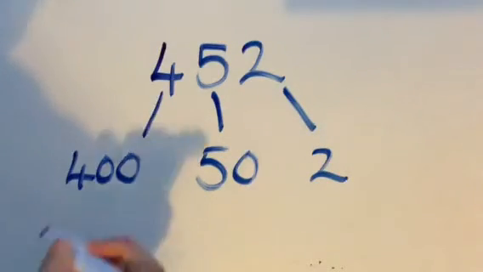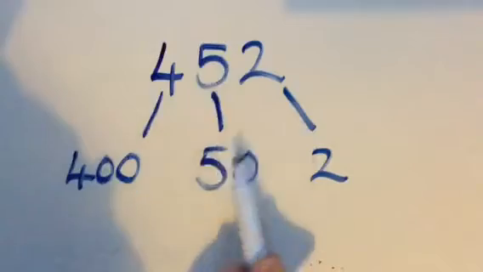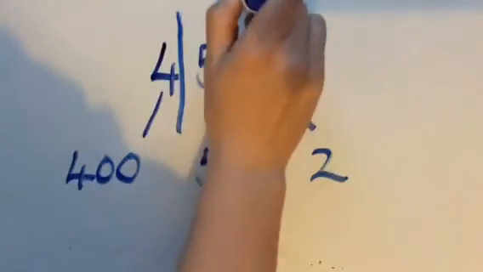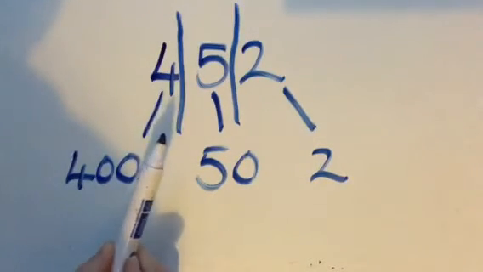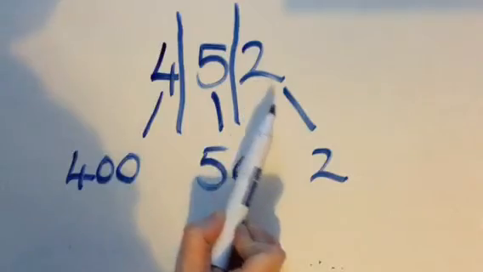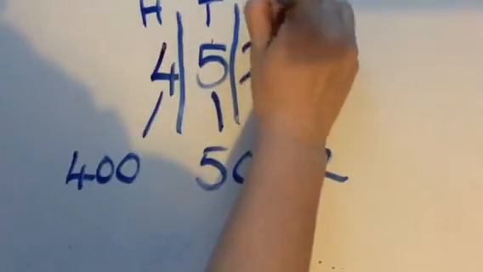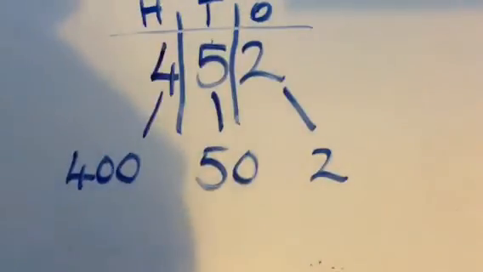That's just showing them that you're partitioning out into the place value holders. What does 4 represent? 4 represents 400, 5 represents 50, and 2 represents 2 ones. So again, using the language of hundreds, tens, and ones, making sure that they know that and they're secure with that.